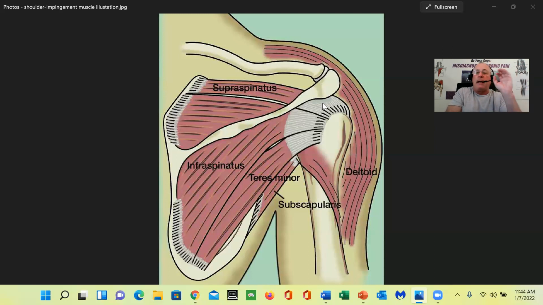The problem with the diagnosis from the medical system is that they're going to tell you there's a bone spur that has developed at the bottom of the acromion process, and that's what's entered this space between the head of the arm bone and the acromion process, or the shoulder blade. So they're going to tell you that there's a bony structural impediment, and that it should be surgically repaired by something called an acromioplasty, where they're going to shave this out.